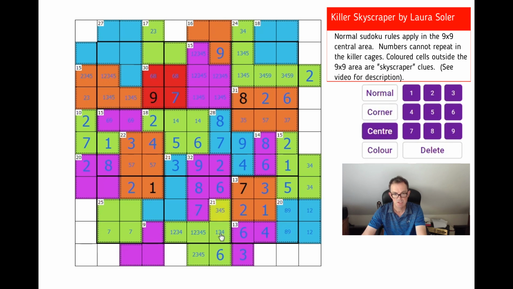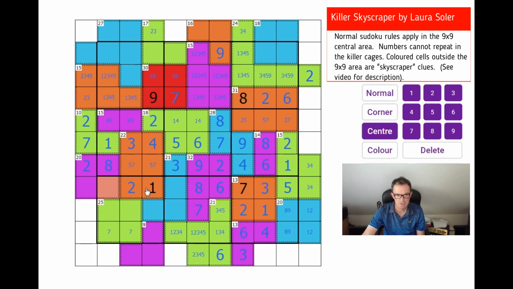So it's going to have to be something like 3, 4, 6, 7, 8, 9. But that all looks quite plausible, doesn't it? I feel like I'm being slow as usual. 2, 3, 4, 5. We've done this block.